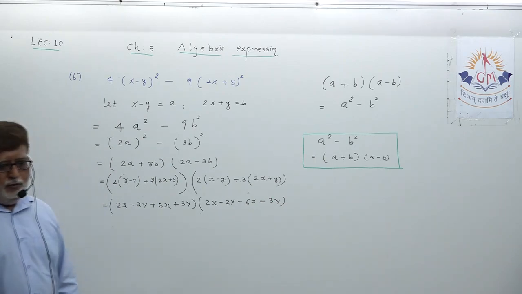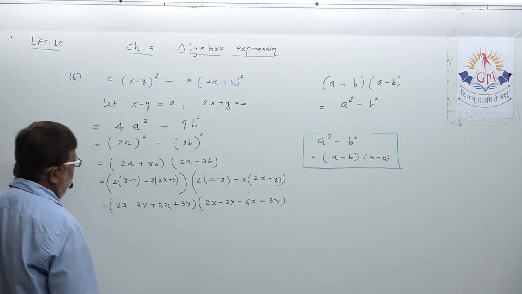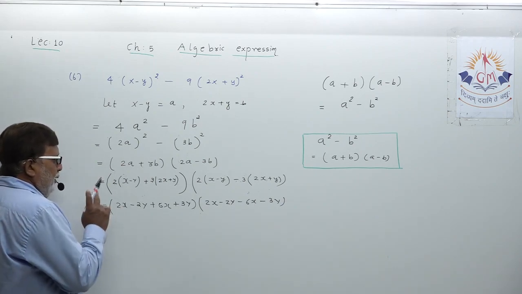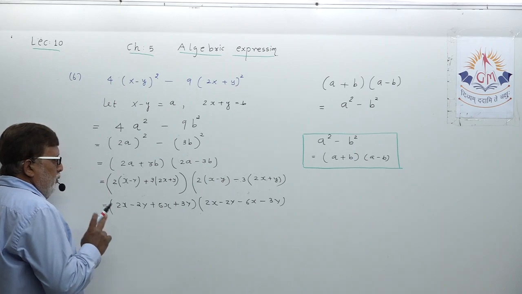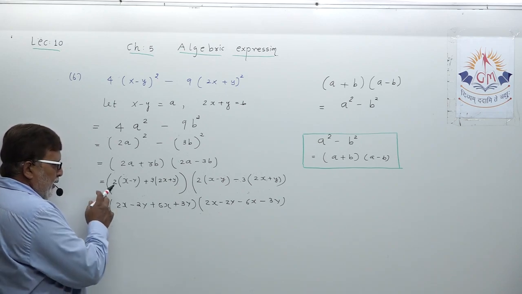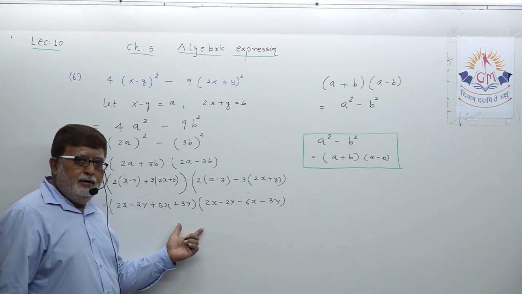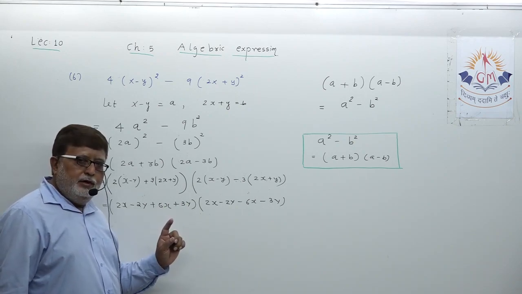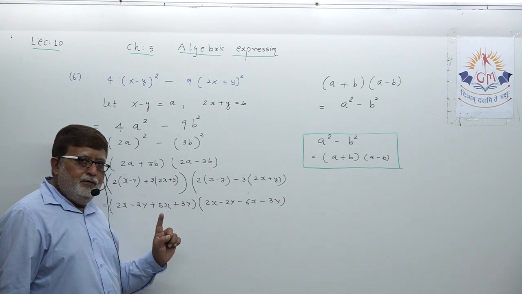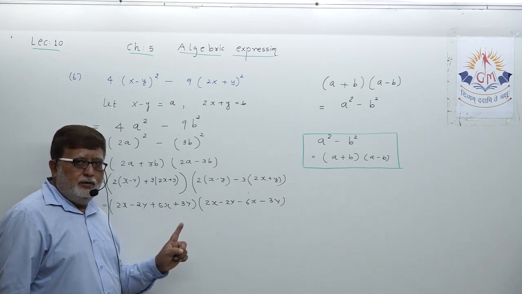Watch this step properly, dear student, I am just waiting for you. What I have done: I have substituted the values of a and b, and then I have opened the bracket, but at the time when I opened the bracket, I was very watchful that no sign mistake must occur.